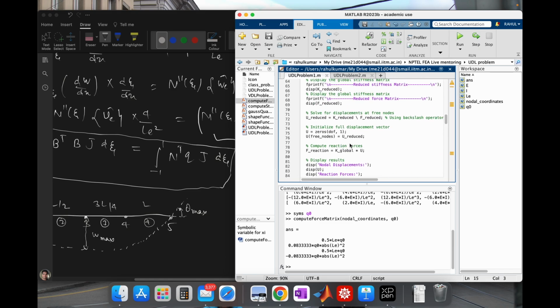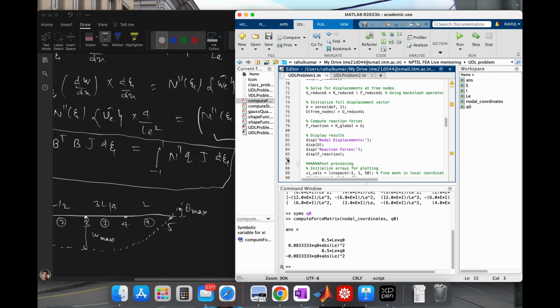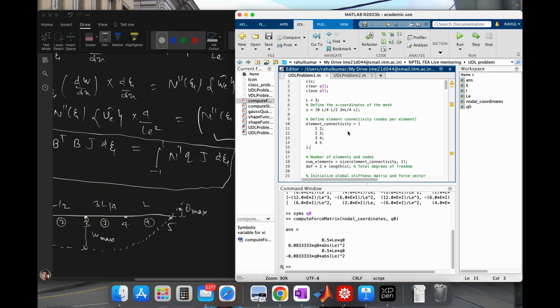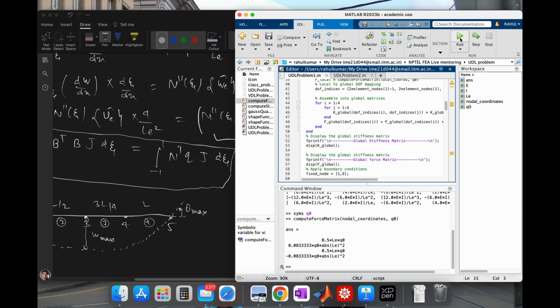Let's run this code up to this point and see what we are getting.